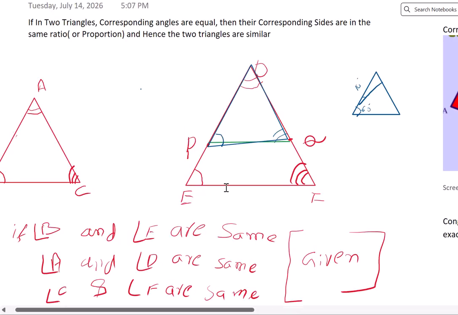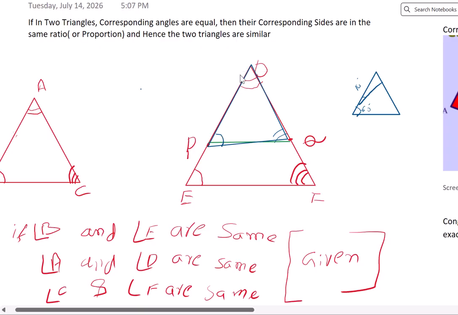See, we have a triangle and we have drawn a line at distinct points which is parallel to EF. Then the other two lines, DE and DF, will be divided in the same proportion.